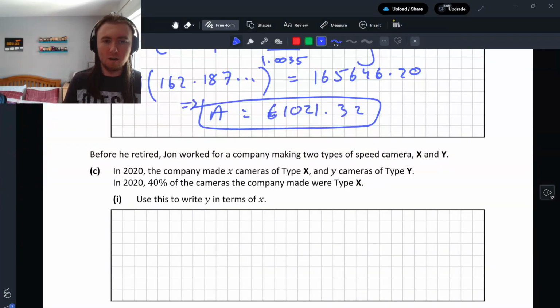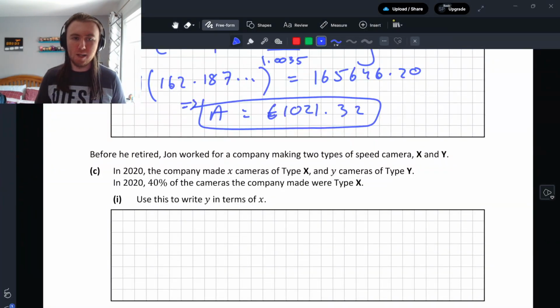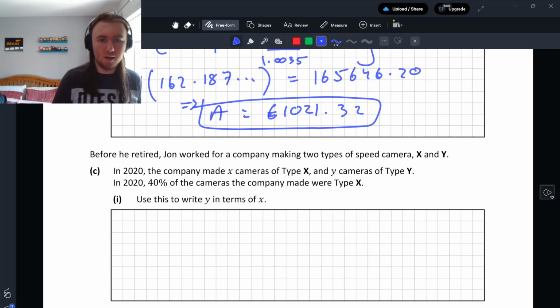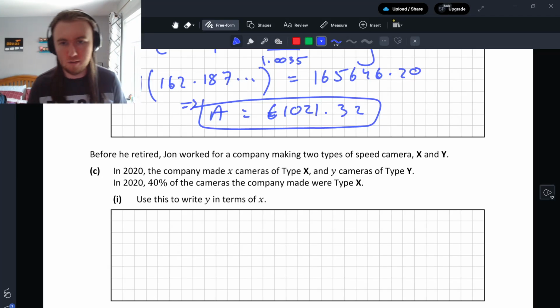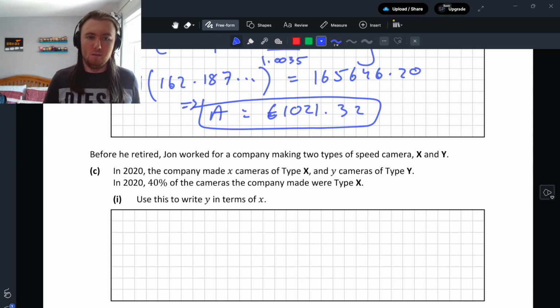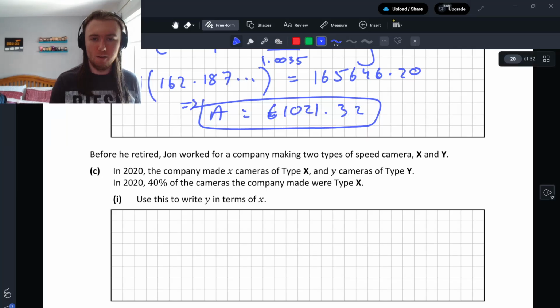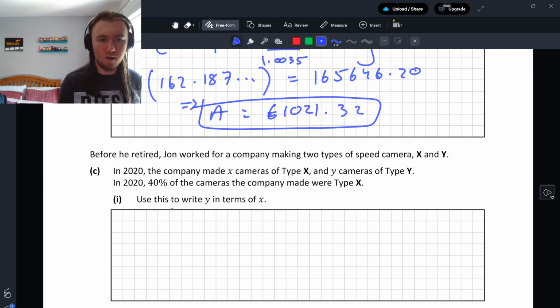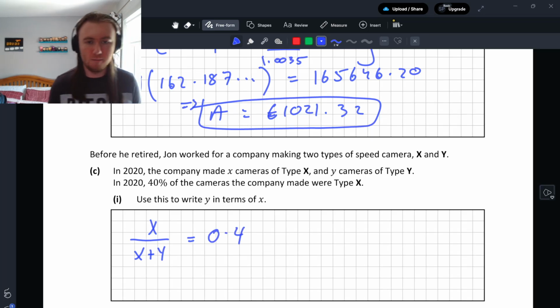So before he retired, John worked for a company making 2 types of speed camera. In 2020, the company made X cameras of type X and Y cameras of type Y. In 2020, 40% of the cameras were type X. Okay, so the ratio of X cameras to X plus Y is equal to 0.4.